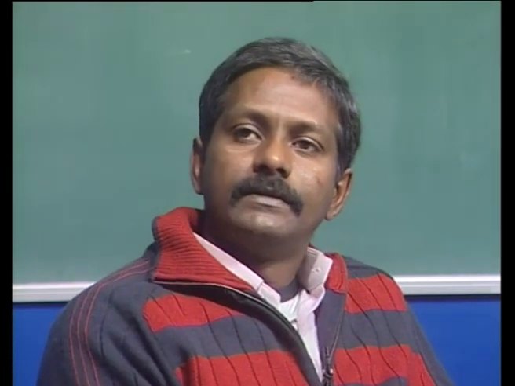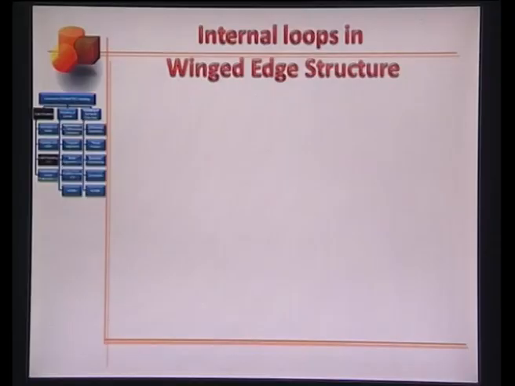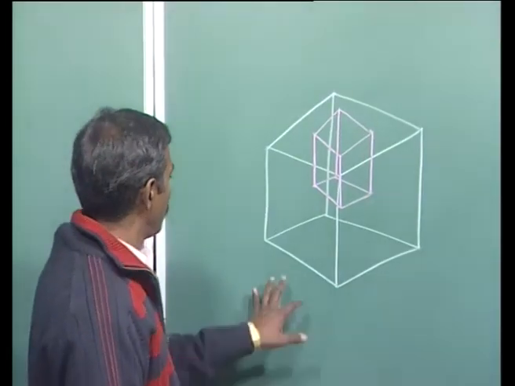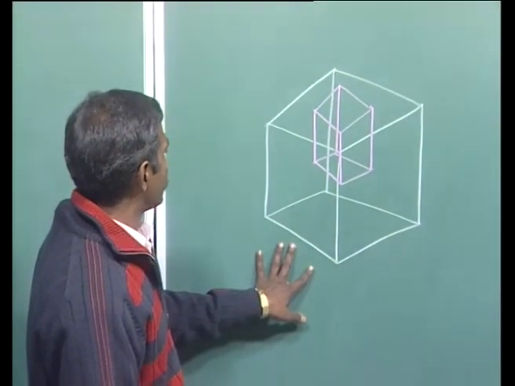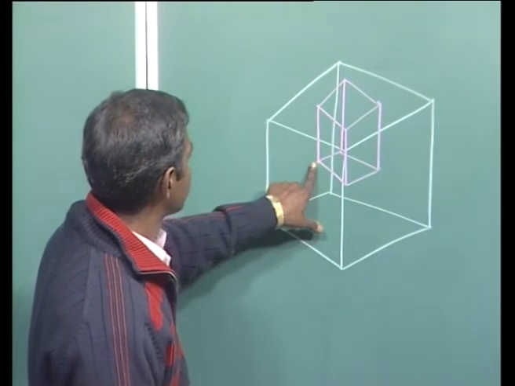In real life, there can be many polyhedral solids that can have potholes and through holes. Let me sketch a figure on the board to show you this. Look at this figure, for example, a block with a pothole.